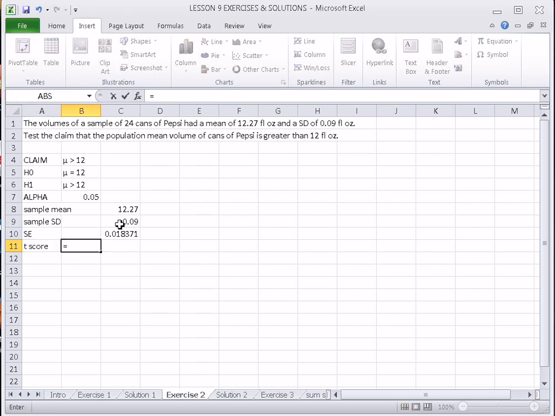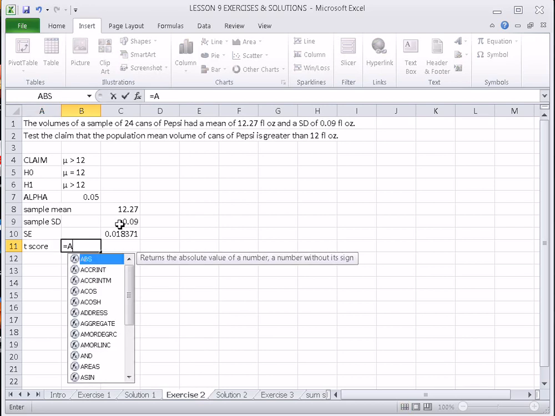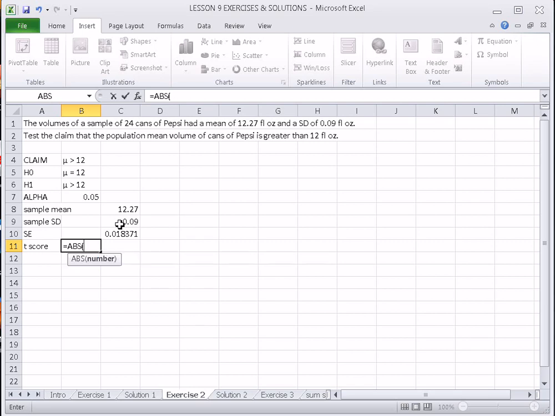So recall that the t-score is going to be the absolute value of the difference between the sample mean and the assumed population mean, which is 12, and then we're going to divide that by the standard error.